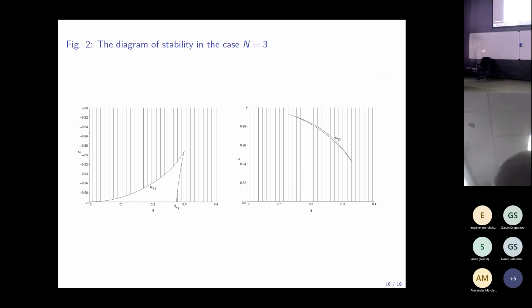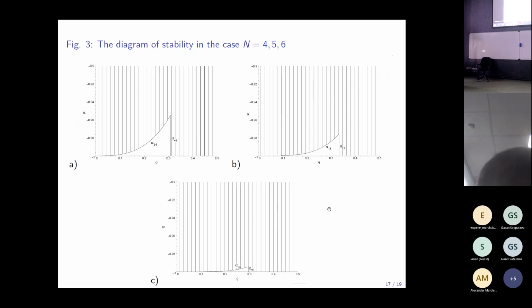In this case, alpha is from -1 to -0.8, and the other alpha is from 0.9 to 1. We have these two domains of linear stability. Next, please.